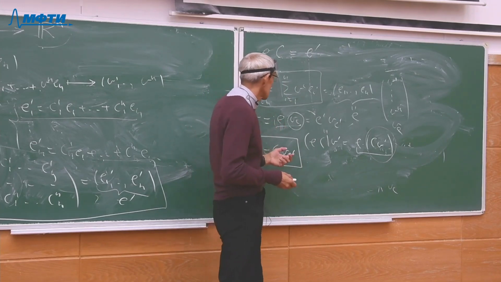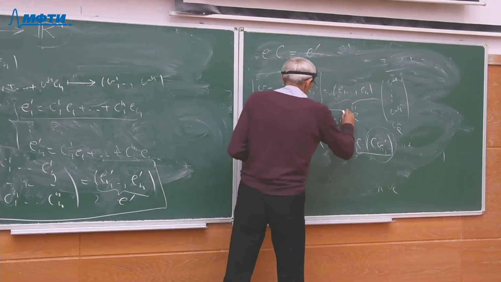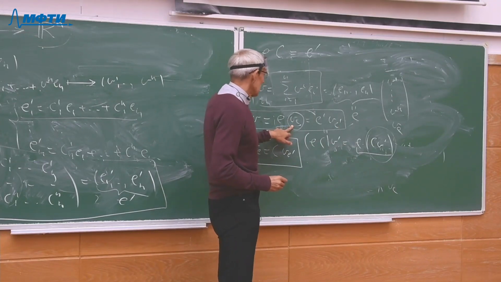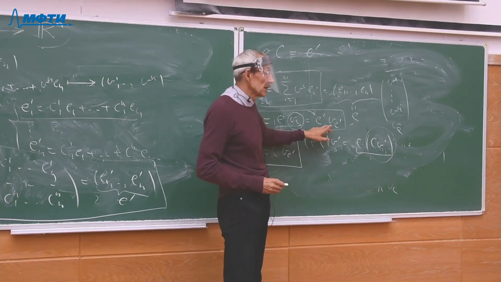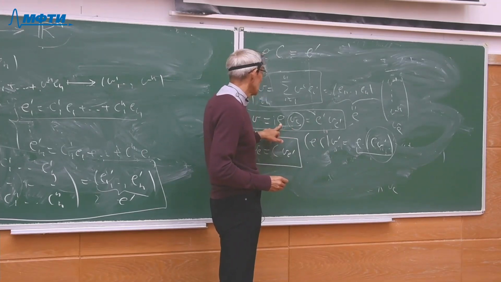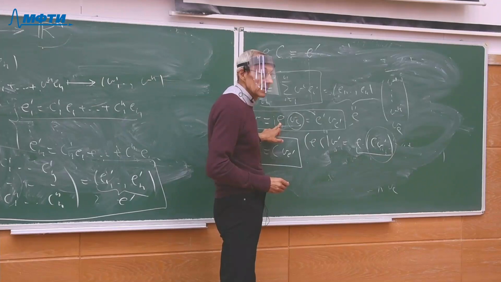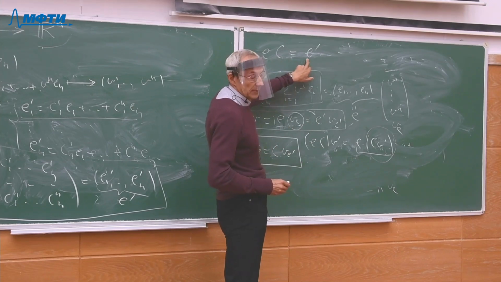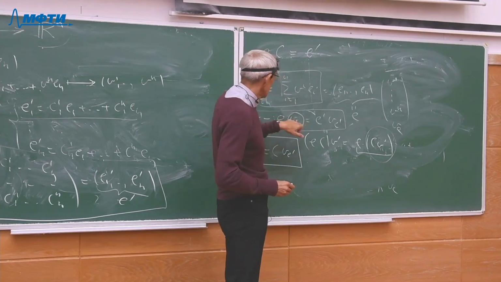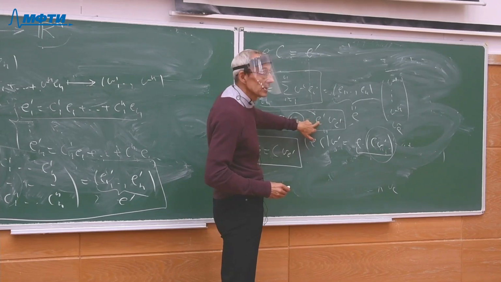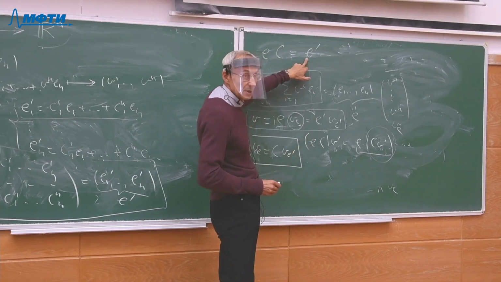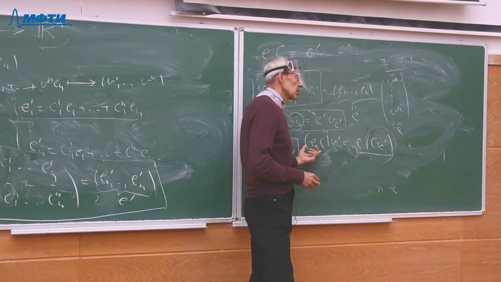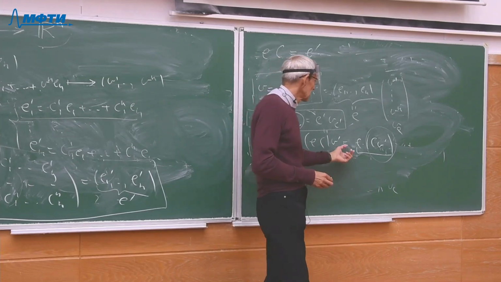After that, I have the expression for the vector in terms of the coordinate vectors in the old basis and the new basis as row-column products in this form. After that, I substitute the expression for the new basis in terms of the old in this expression. I change this E prime in correspondence with this formula. And after that, I use the associativity property of the matrix product, and I obtain this formula.